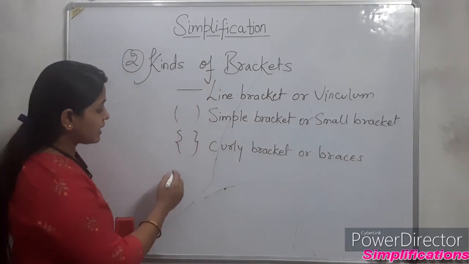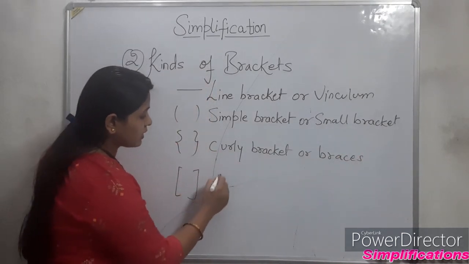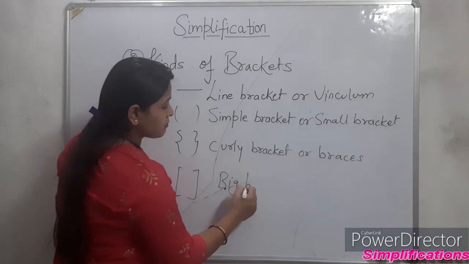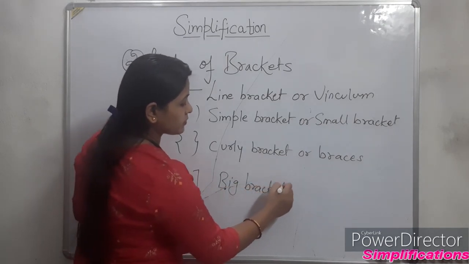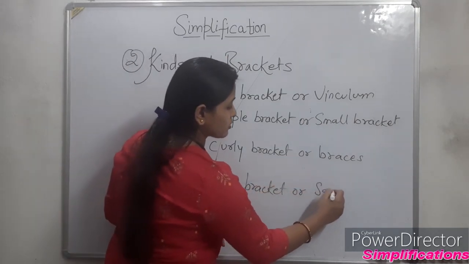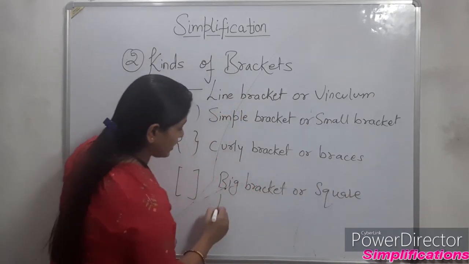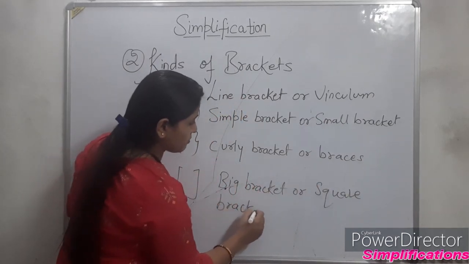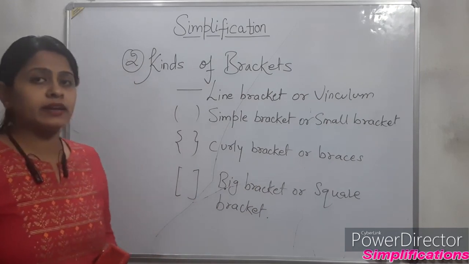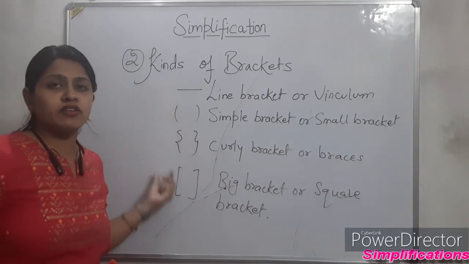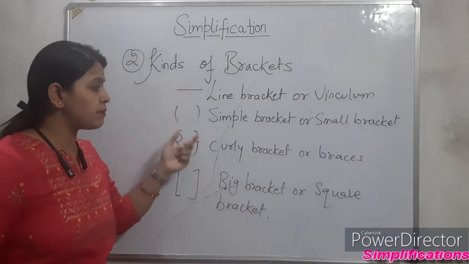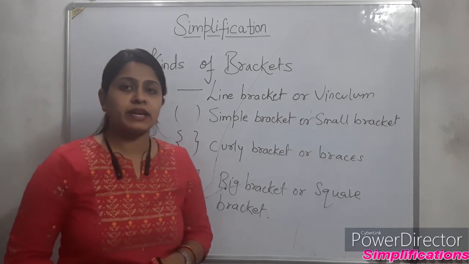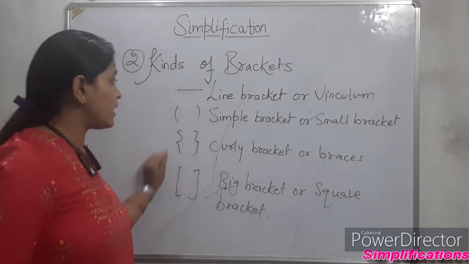And then the fourth one is called the big bracket or square bracket. So there are 4 kinds of brackets: line bracket, simple bracket, curly bracket and square bracket. Now this is the correct order.